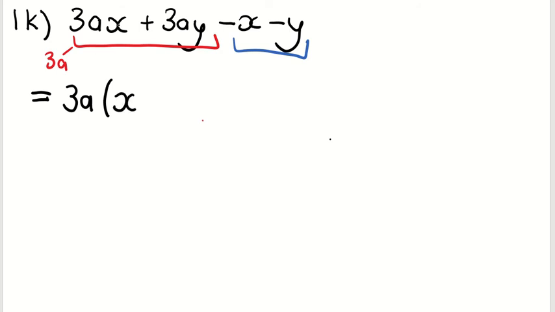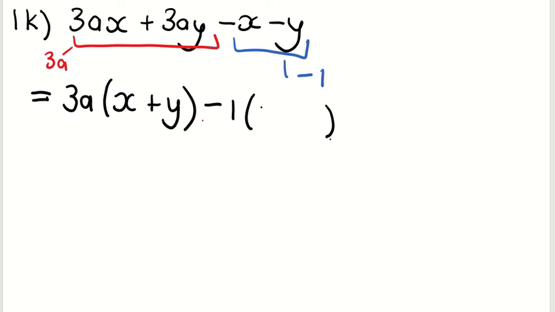So when we take out 3a, we are left with x plus y, and then here, what I think I'm going to take out here to manipulate my brackets, I'm going to take out minus 1, so it's actually minus 1 in front of the bracket, but you know you don't have to write that minus 1 in front there.